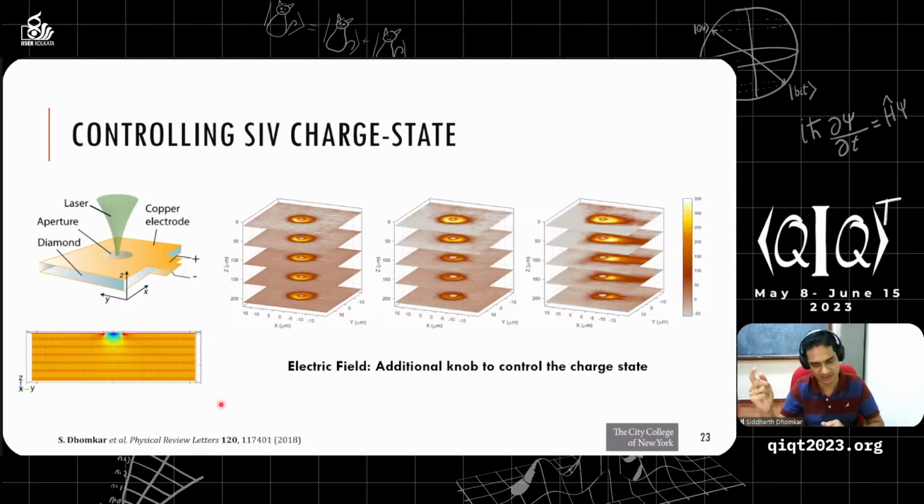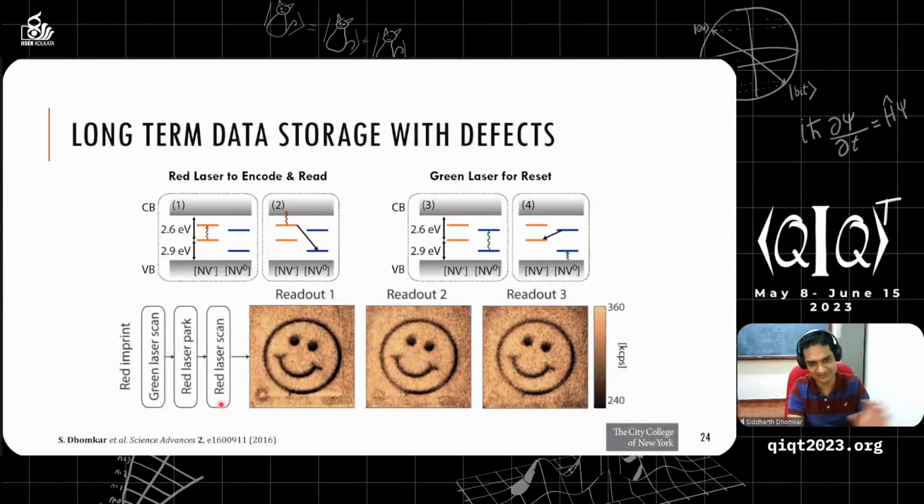By moving the charges, you can decide which part of the sample is going to have more electrons or holes, or you can change the Fermi level as well. So there are multiple things that you can do, and in this particular experiment, this is an additional knob to control the charge. Now I want to digress a little bit just to show what you can do with this.